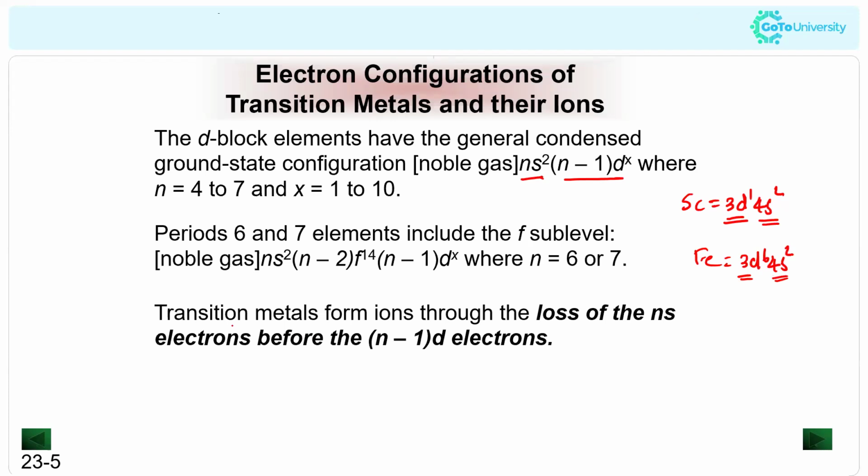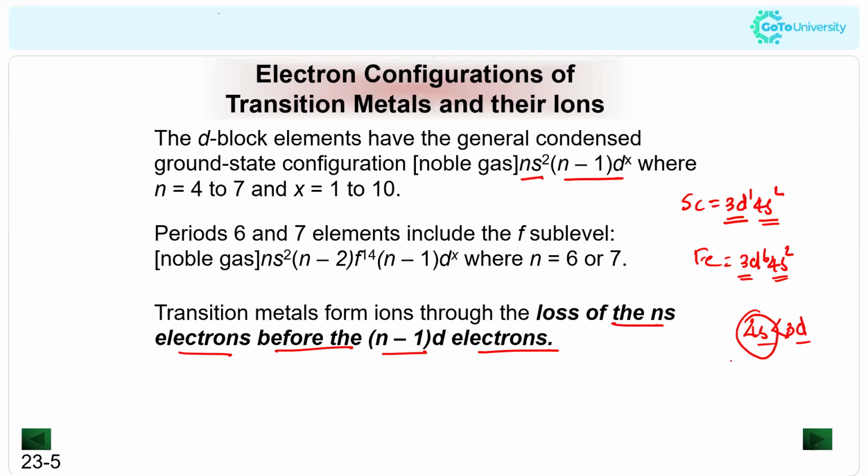So commonly we can say transition metals form ions through the loss of ns electrons before the (n-1)d electrons. Because while filling the electrons, first the electrons will move to 4s, then only it will come to 3d, because 4s has less energy than 3d, but still 4s is the valence shell.